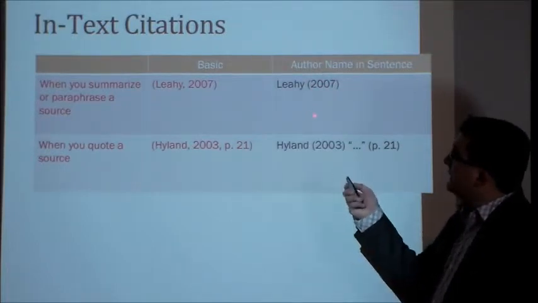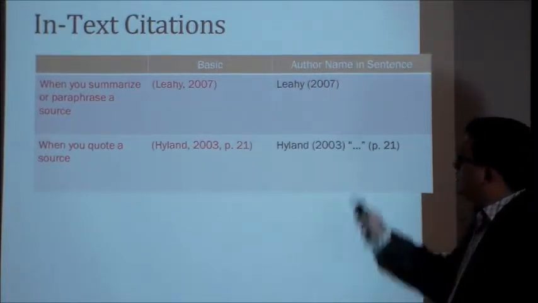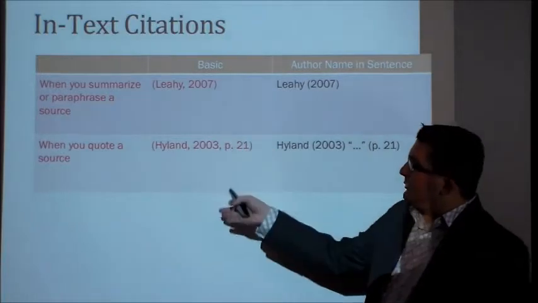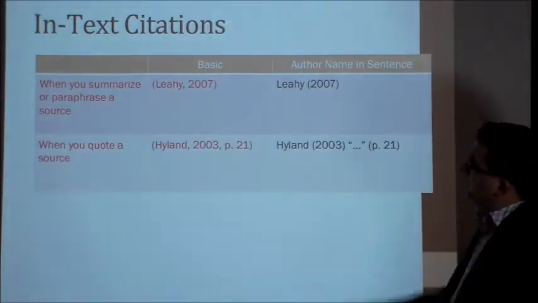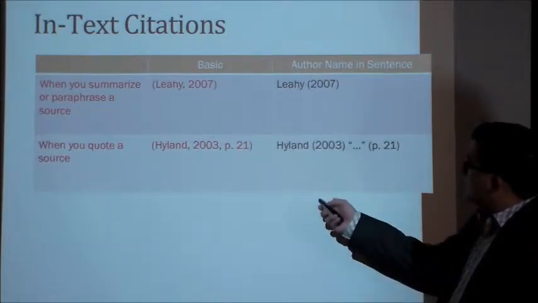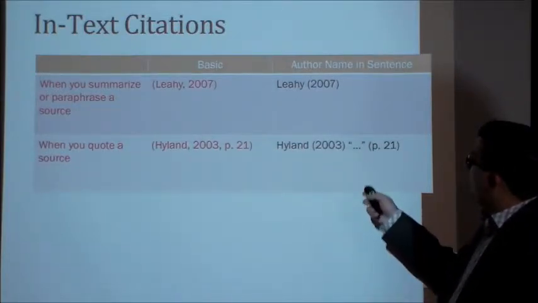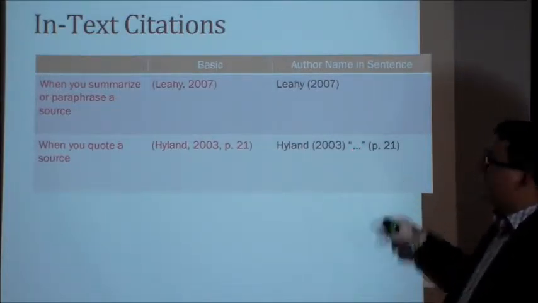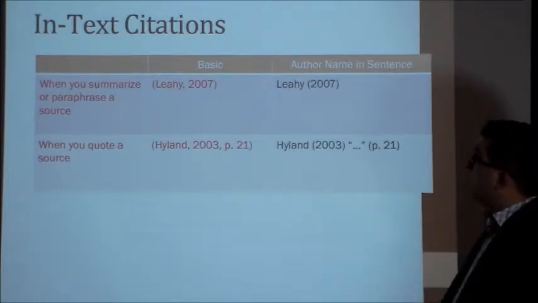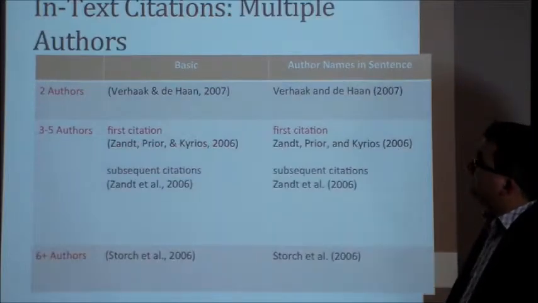So this is the basic, this is the in-sentence one. Alright, so this is a little more simple side. So when you quote a source, as we just looked at right here, we got Highland 2003, page 21, getting a little crazy, we got Highland 2003, we got our quote right here, and then page 21. So a little bit different way to set that up.